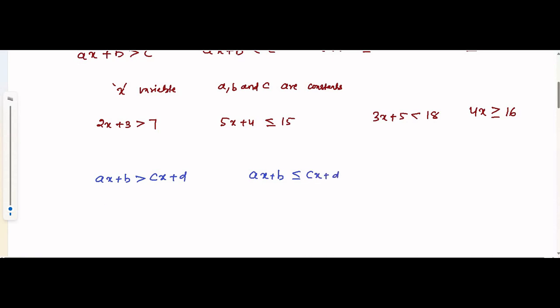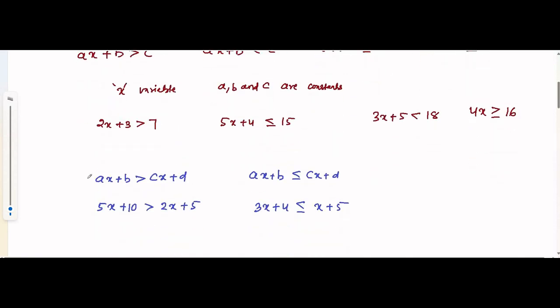An example of that is 5x plus 10 is greater than 2x plus 5. This is also an example of a linear inequation in one variable. Or 3x plus 4 is lesser than or equal to x plus 5. This is also an example of a linear inequation. There are different examples, but the general format is this.